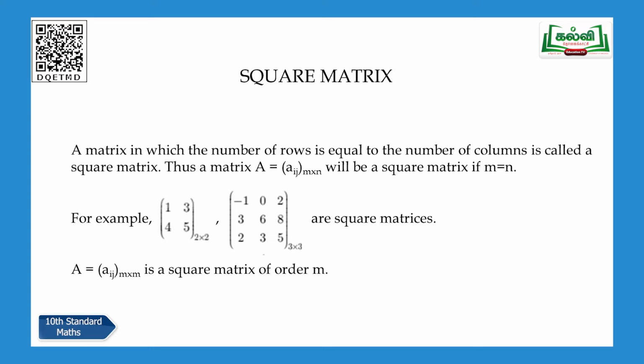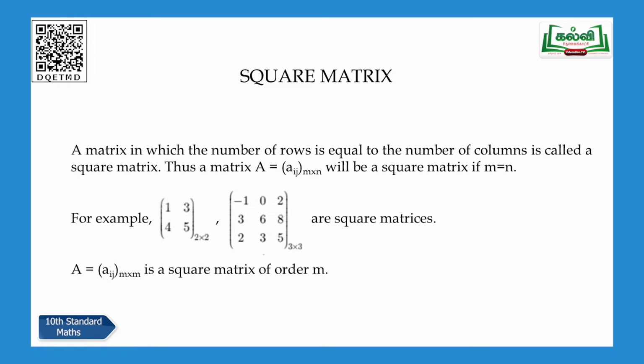So A is equal to Aij, that is, the order is m cross n, m by n. What is Aij? Aij is nothing but the elements which are present in the matrix. So i can take any value and j can take any value. A matrix Aij of order m by n will be a square matrix if m is equal to n.